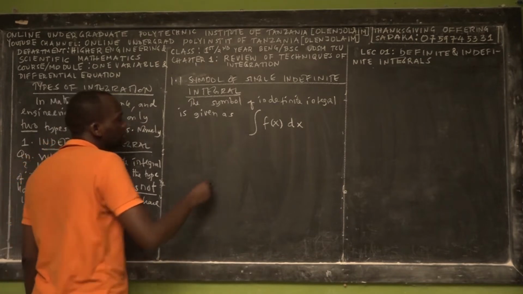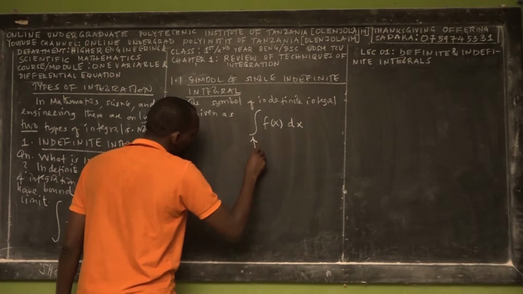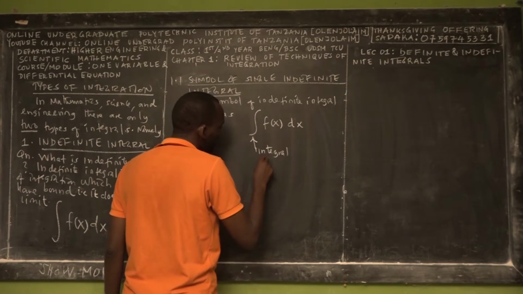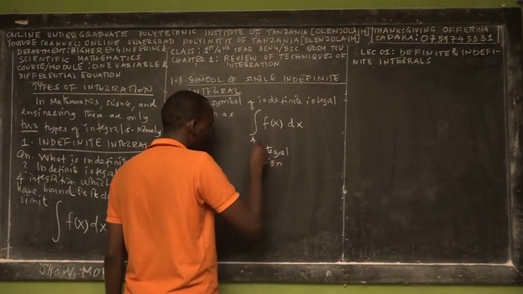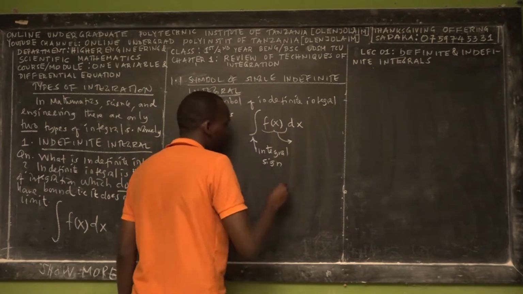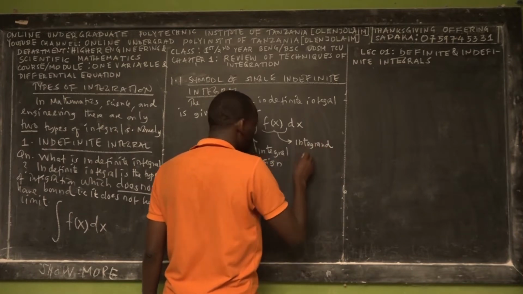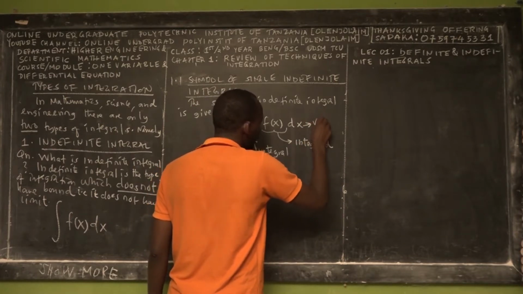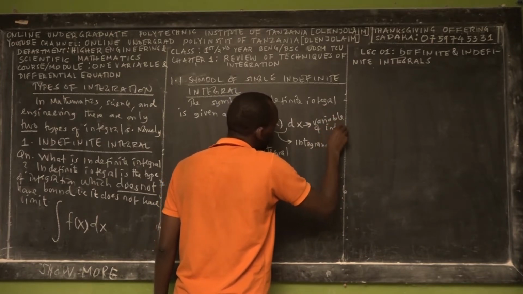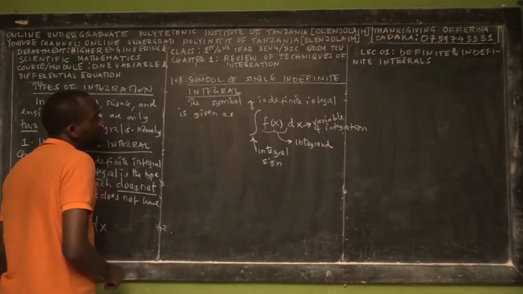This one, we say, is what we call the integral sign. And then this one is what we call the integrand. And here we have the variable of integration. Variable of integration, right?